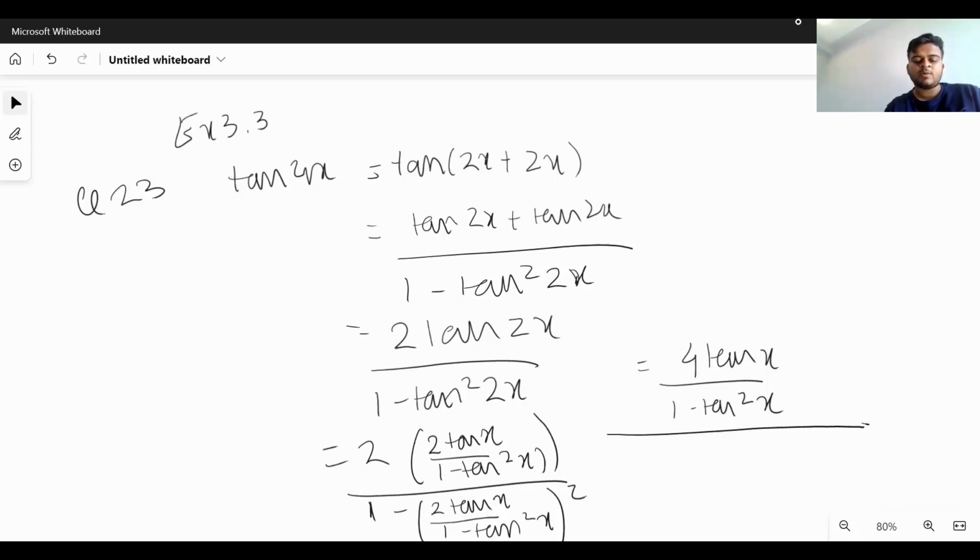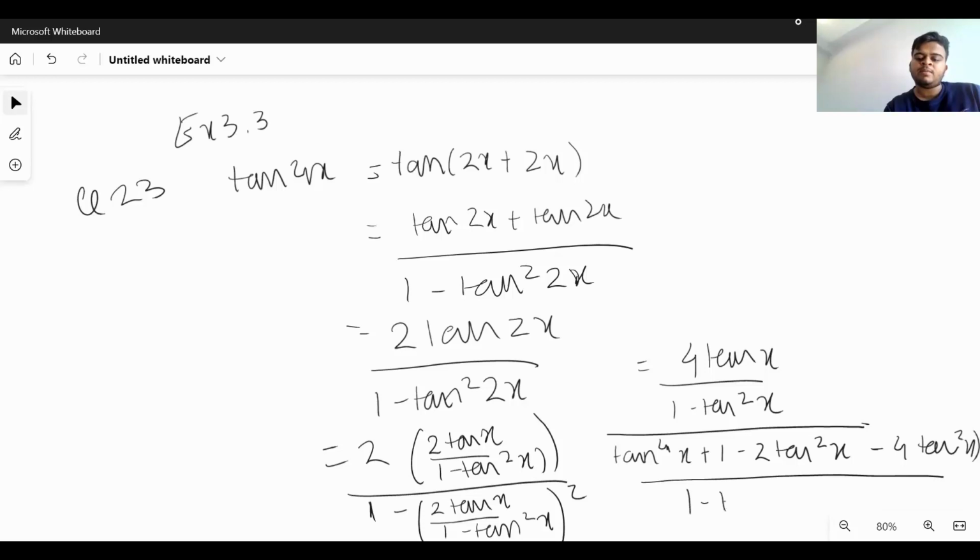I'm going to expand 1 minus tan square x whole square. So that will be nothing but tan to the power 4x plus 1 minus 2 tan square x minus, and this 2 right here will also get multiplied and this will become minus 4 tan square x, and we have 1 minus tan square x whole square. Correct? Does it make any sense? It is going to take a while for you to get this. So if at this point you want to pause this video and try and figure out how we got from here to here, you can do that. But I've done nothing.